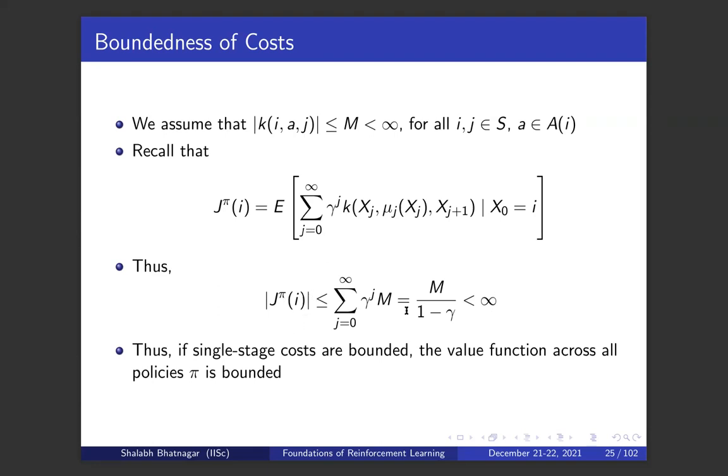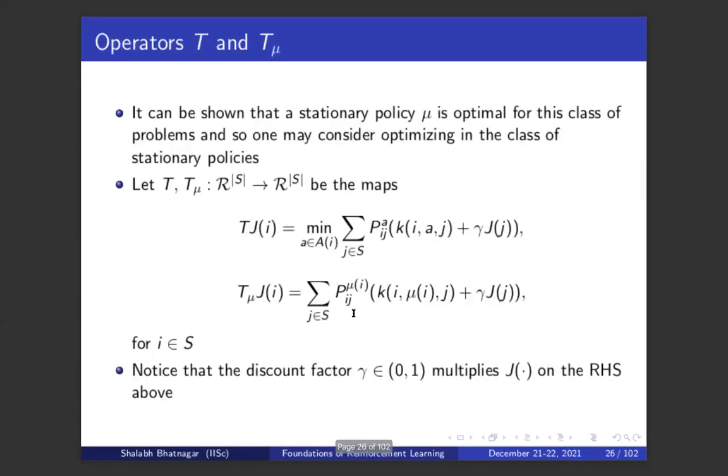That would not have made much sense if you had gamma equal to 1, and let's say you are in a situation where the sum of all of these is infinite. So whatever policy you use, it's still an infinite cost. So the question is, what do you optimize over? It makes sense to have this gamma for that very reason, that it ensures that these costs are bounded, and therefore now you can ask the question, can we find the optimal policy?